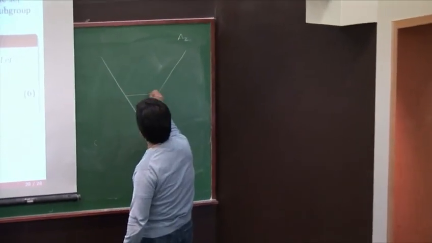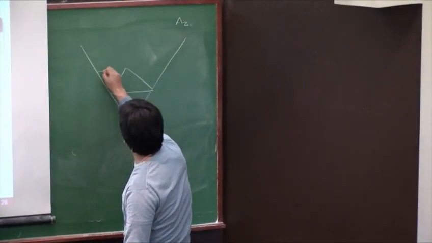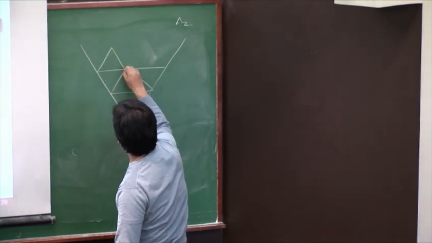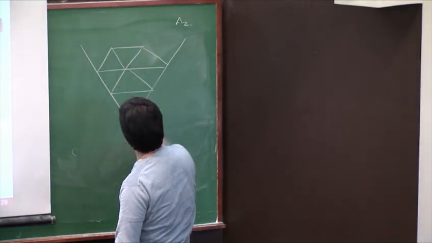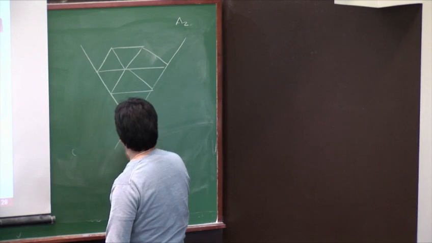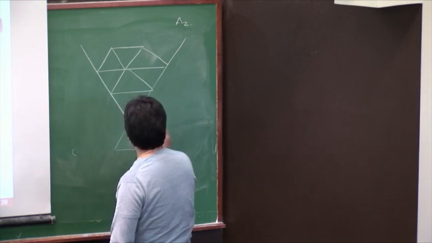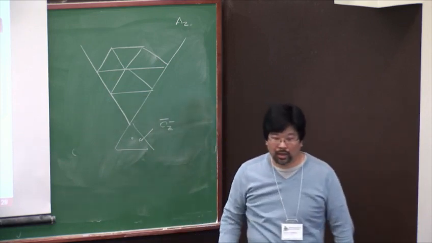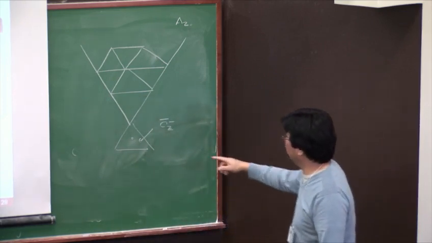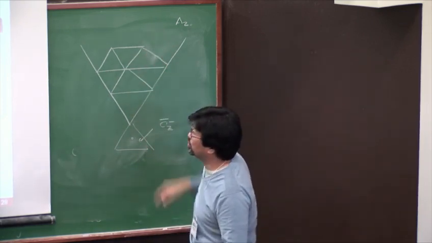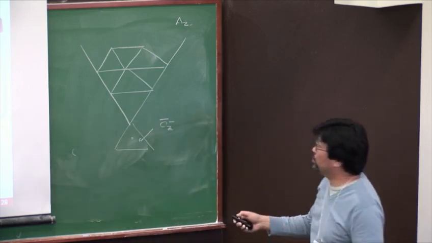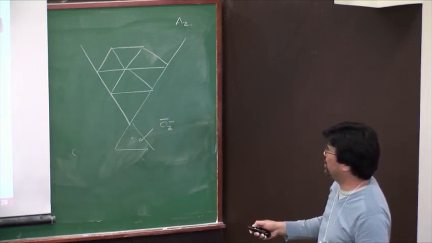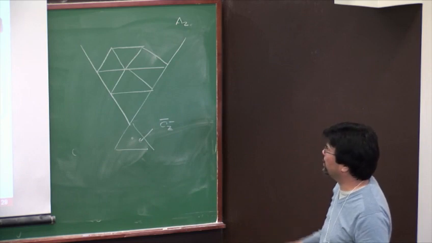So you know your chambers look something like this. This is the dominant region over here. So I'm going to start down in the anti-dominant region, and I'm going to start reflecting things up into the dominant chamber.